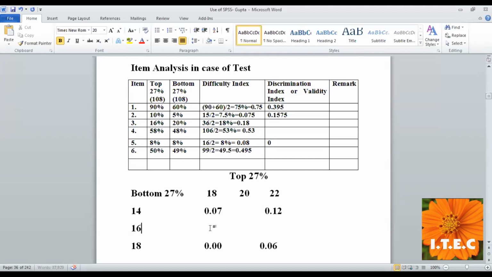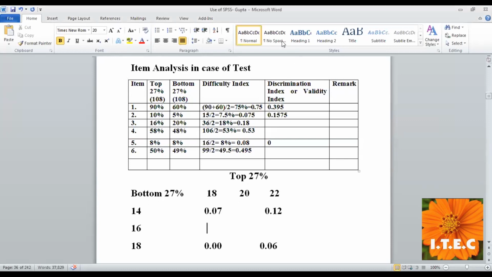So how do I find out this value? This value I can find it out. It is 0.07. It's one of the same thing. It does not make a difference. If you want, you can call it top and you can call it bottom.